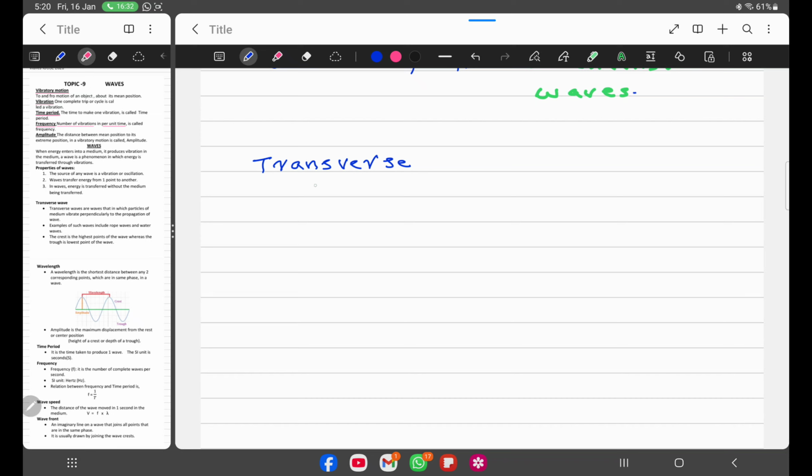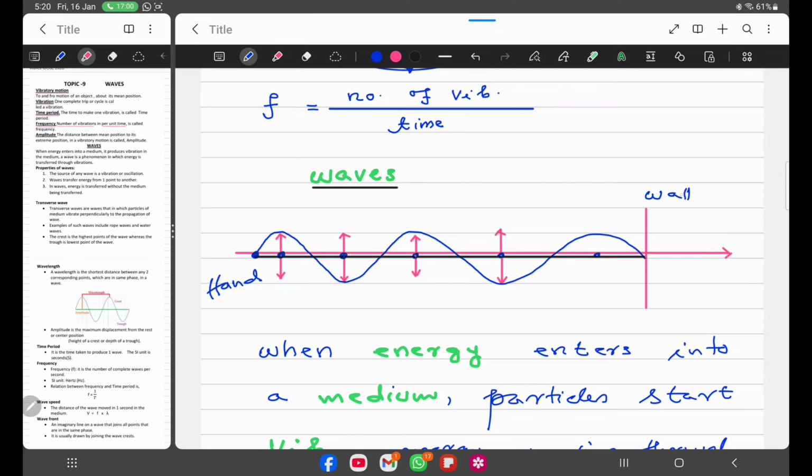What is a transverse wave? In the above example, you can see that in this string, energy is traveling from left to right. My hand is moving up and down, and the energy is traveling from my hand to the wall.